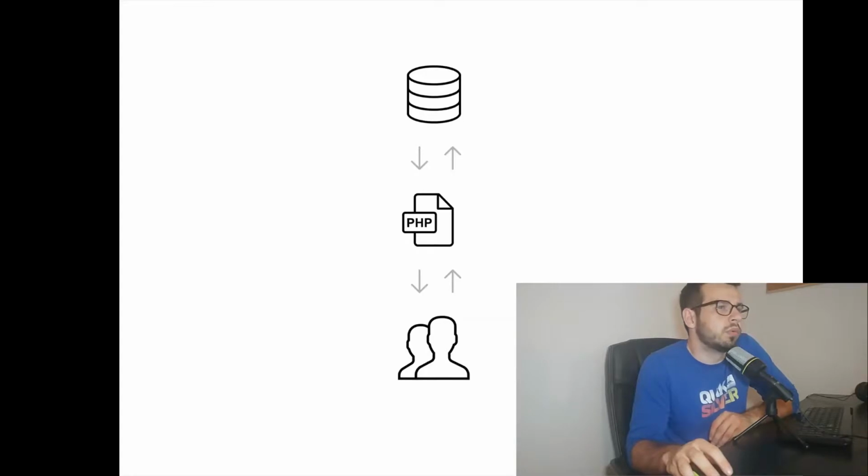Now the normal route would be to create an API, and from there you will need to create your mobile app. Let me show you two schemes to better understand what I mean.